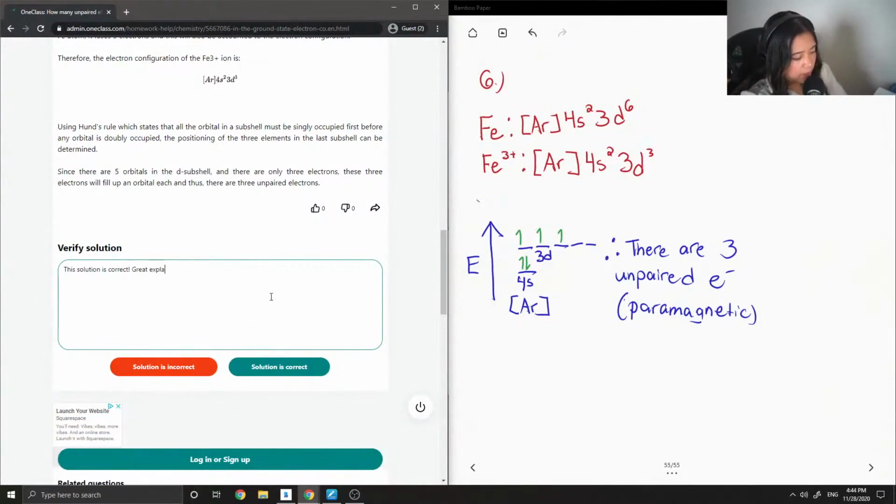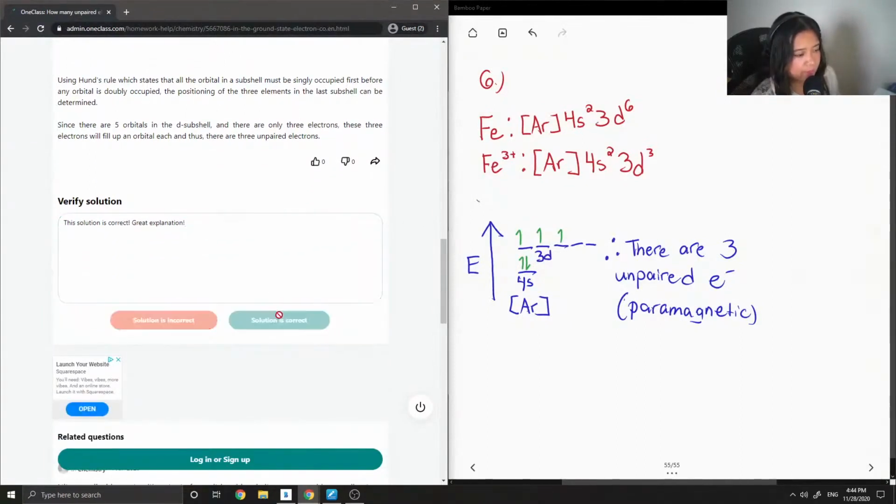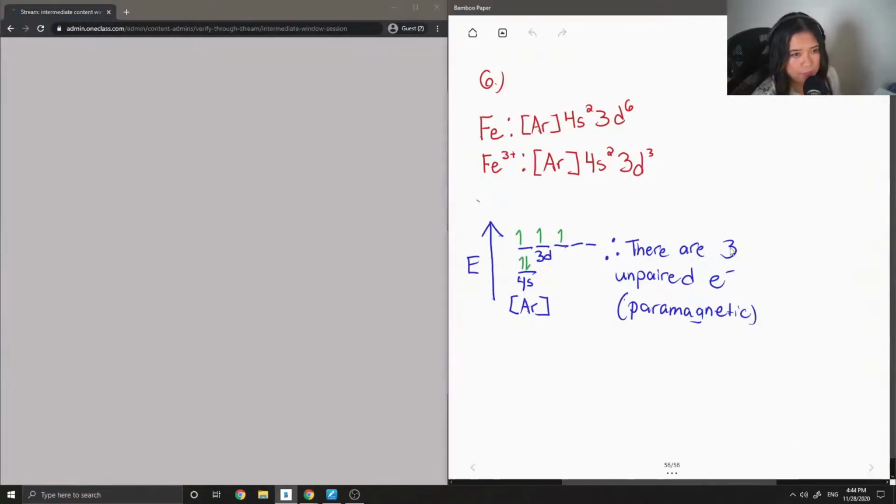Great explanation. Okay, so on my end, I just added 2 extra orbitals in the 3d subshell, but that doesn't change the answer. There are still 3 unpaired electrons.